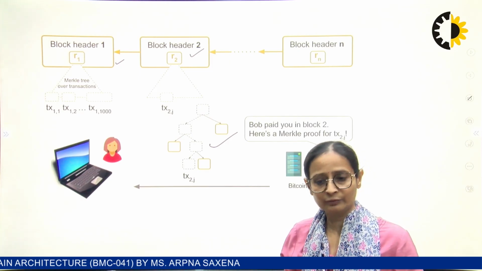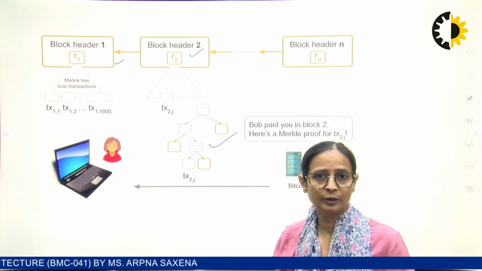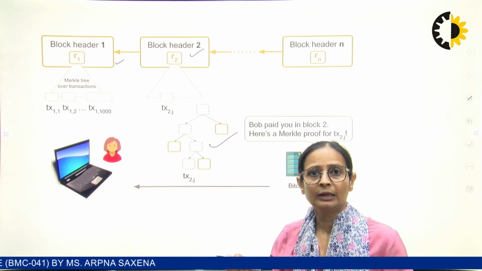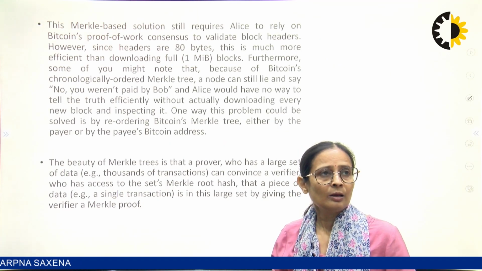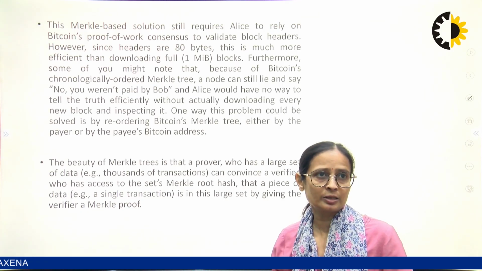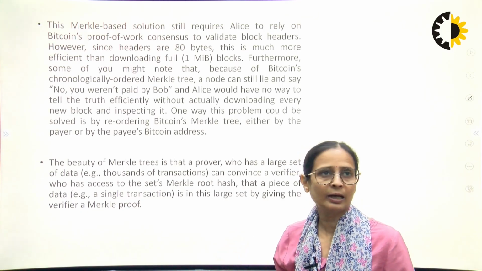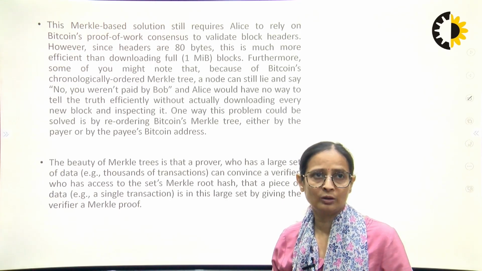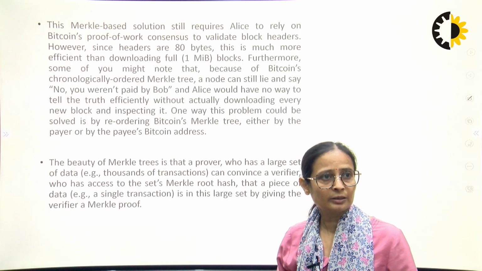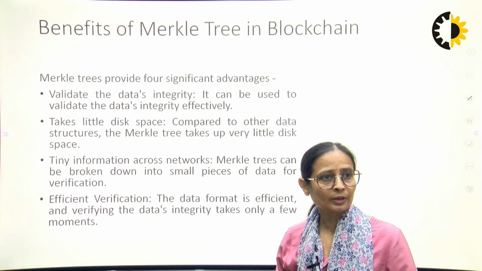With the help of this verification, she will come to know whether her transaction is residing in that block or not. But the Merkle based solution still requires Alice to rely on Bitcoin's proof of work consensus to validate the block headers. Then again, it is a problem.